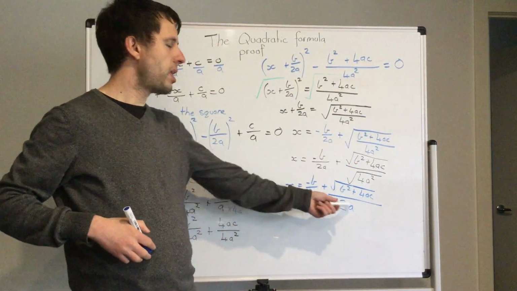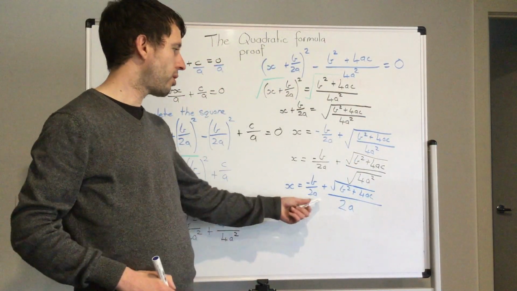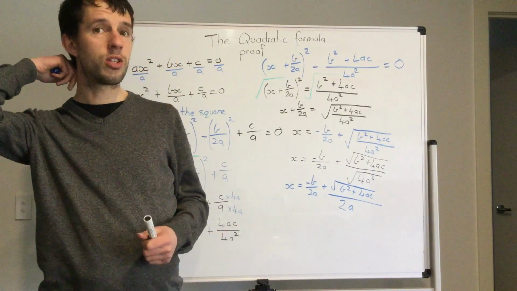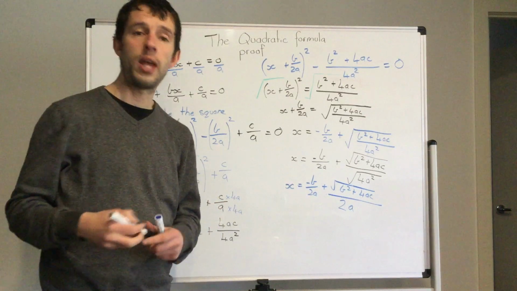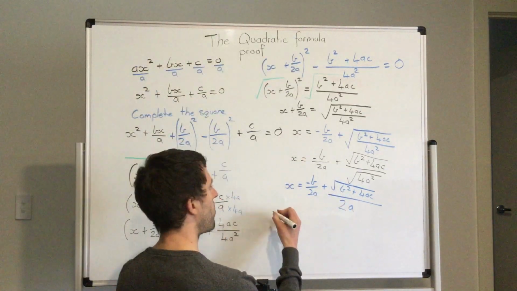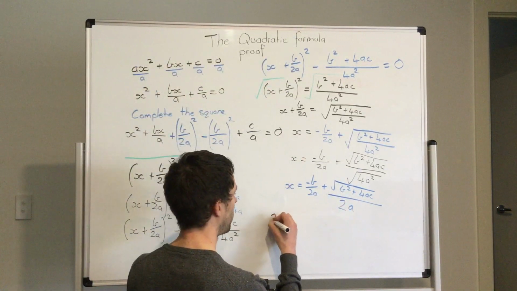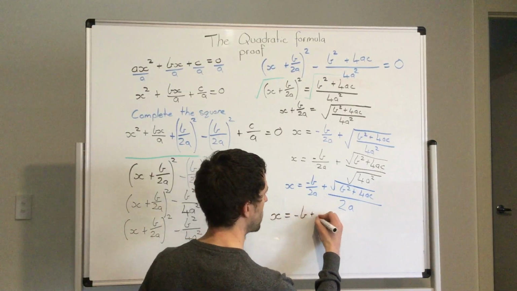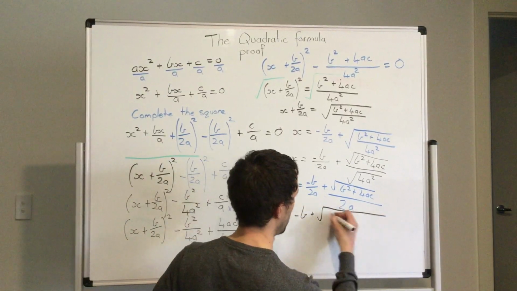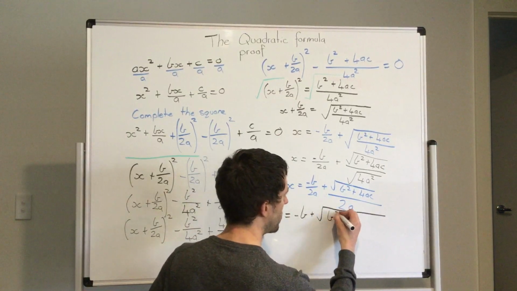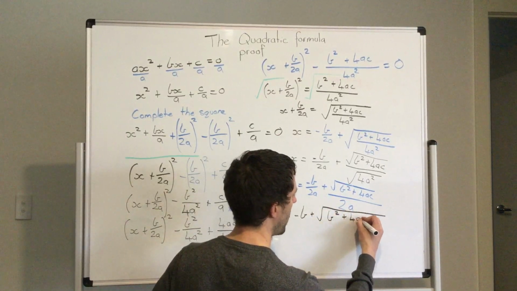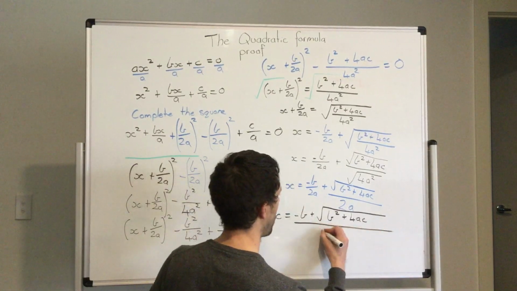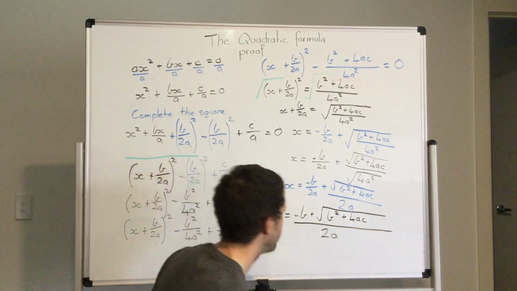Now, because they've both got 2a as a denominator, we can just add the numerators together, and then we have got our formula. So our formula is x equals negative b plus the square root of b squared plus 4ac, divide the whole thing by 2a.